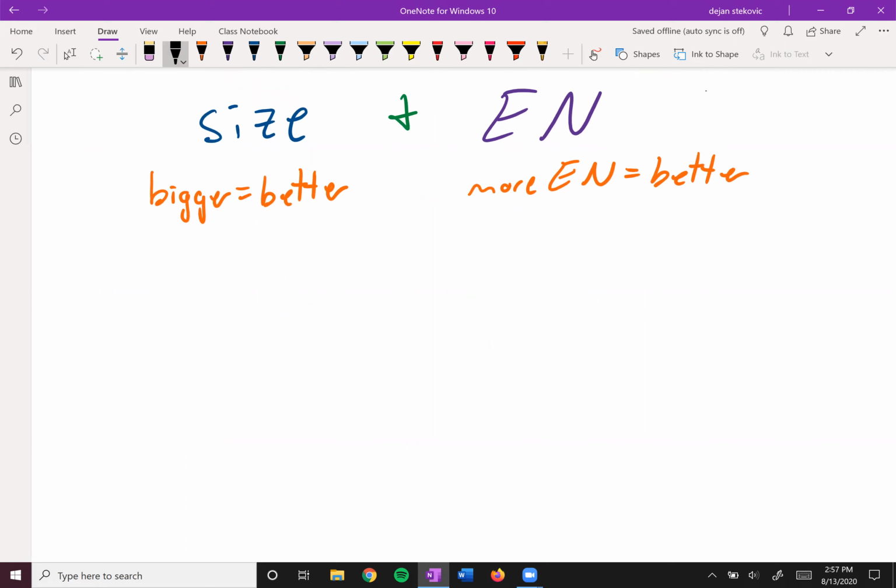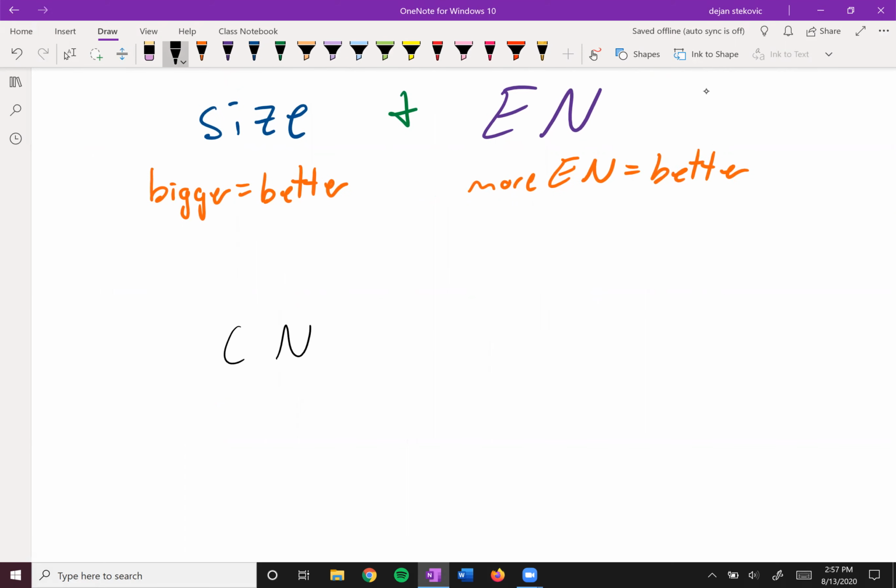And so if we take a look at our elements, we've got carbon, nitrogen, oxygen, fluorine over here, and then under it, phosphorus, sulfur, and chlorine, and then bromine and iodine. And so it depends how we're looking at this. So when we're going from left to right or across a period, electronegativity is going to dominate.